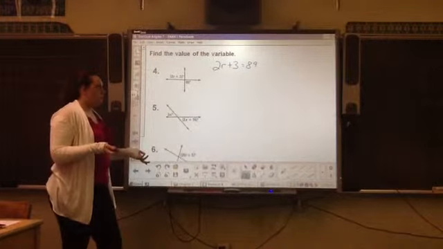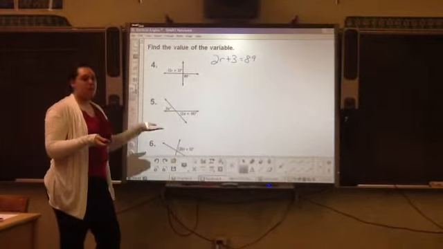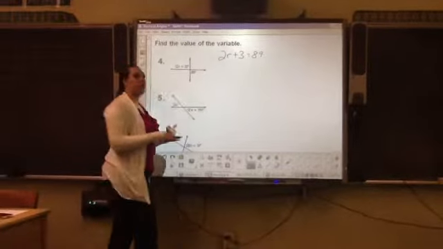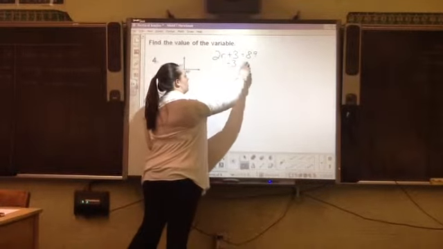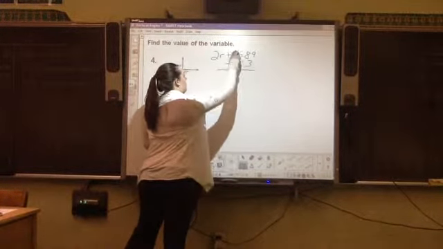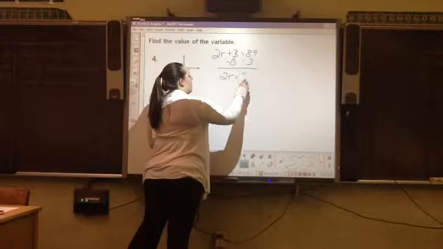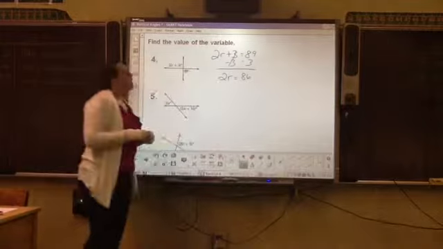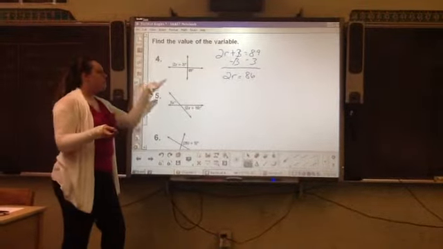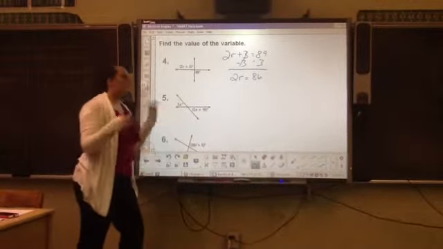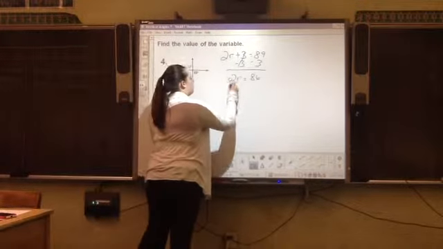And like before, to get r by itself, we'll first subtract 3 from both sides. We're left with 2r equals 86. And like before, to get r completely by itself, divide both sides by 2.